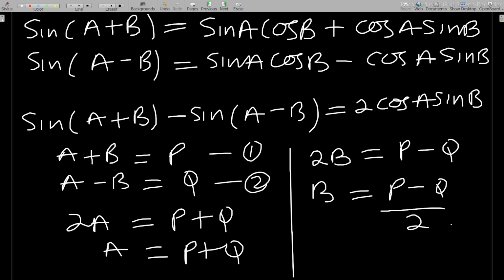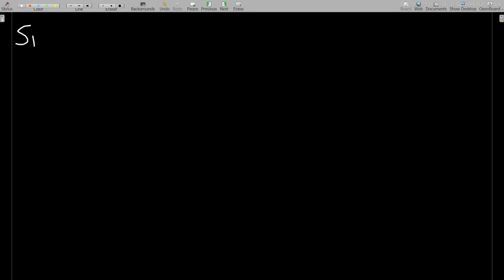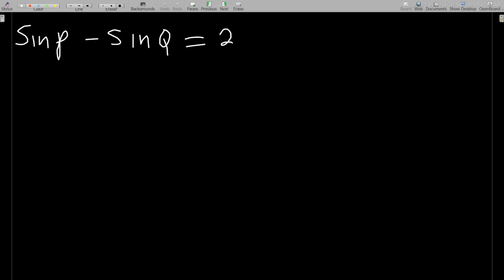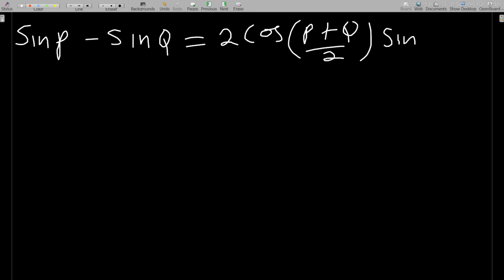Now let's put a plus b as p here, and a minus b as q. Then we put a and b in place of wherever we see them. So we'll get sine of p, which is a plus b, minus sine of q, which is a minus b, is now equal to 2 cos a, where cos of a is p plus q over 2, then sine of b, which is p minus q over 2.